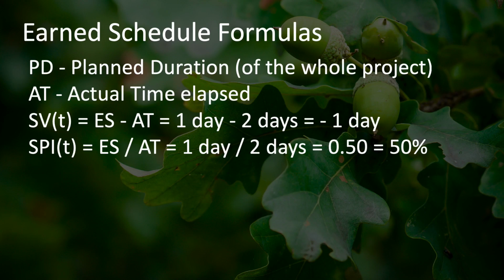Now notice that in this case, the SPI, as measured using earned value, is equal to the SPI as measured using earned schedule. However, this will not always hold true, particularly for a project that is past due. But we'll cover more on that later.